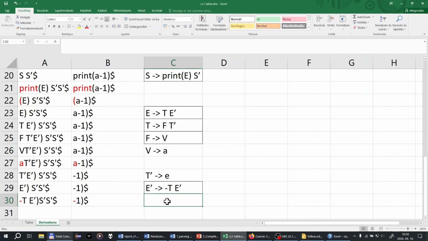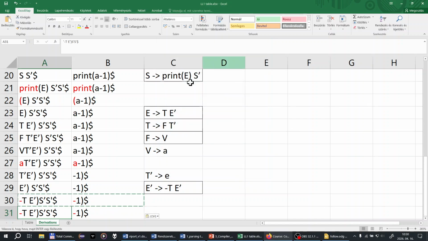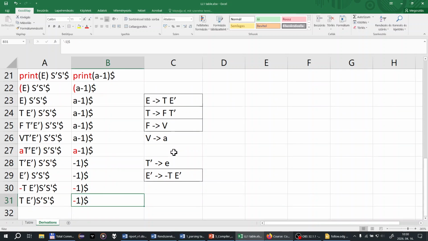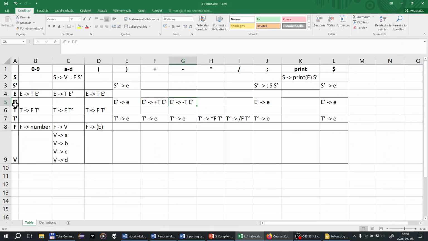Okay, and then we have T and a number, and for T and the number we have FT prime.